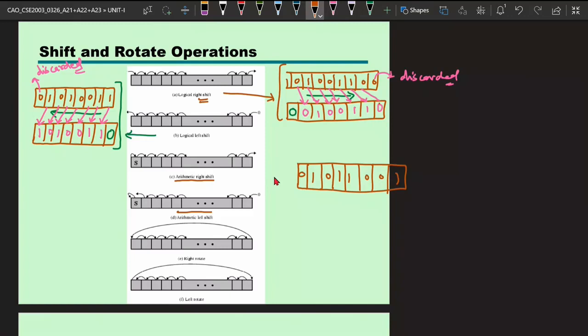Along with this, we are going to shift the data to the right side, and whatever the data is there, along with that we will be including the sign bit also. These are the sign bit. Suppose for sign bit, 1 is stored. Now we are going to move the content to the right side.